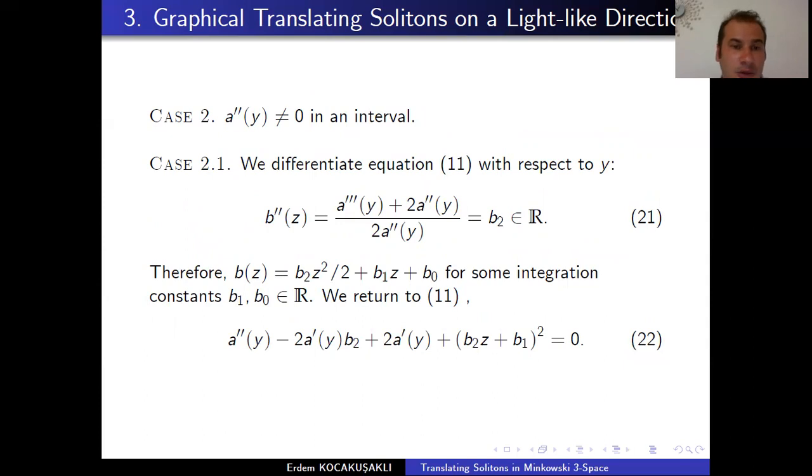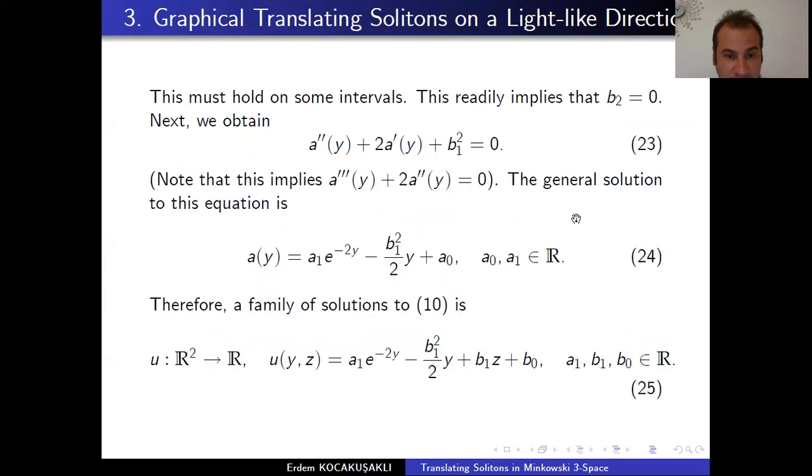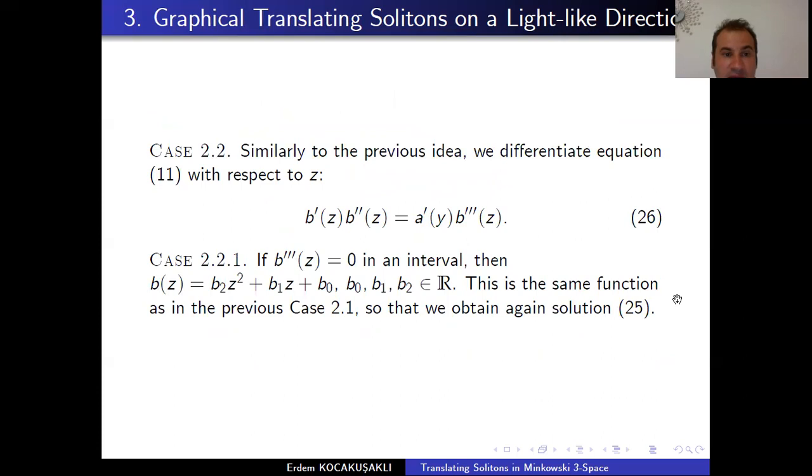In case 2, if the second derivative of a is different from 0, then again we have two cases. In case 2.1, if we differentiate equation 11 with respect to y, after some computations, we have the solution u given in expression 25. In case 2.2, with the previous idea, we differentiate equation 11 with respect to z.